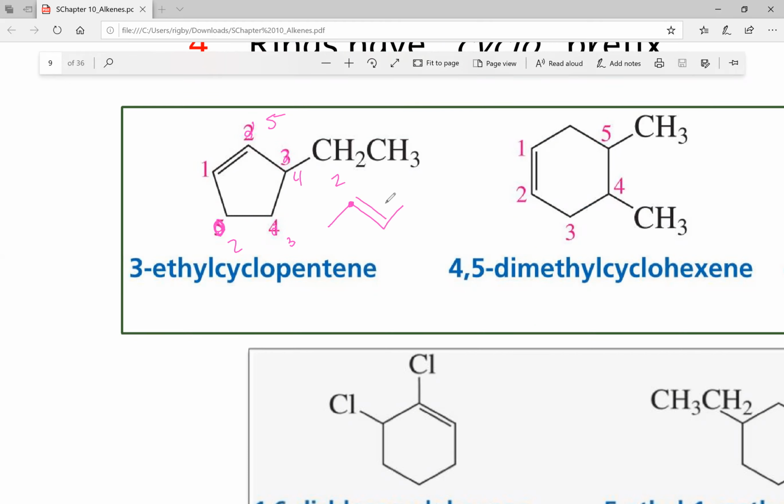Okay, that's in linear structures. In cyclostructures, we always give the double bond the designation of 1. And so to keep our naming system consistent, we have to make whatever other carbon is attached to that double bond 2, which can be a little bit rough when we end up talking about the priorities.